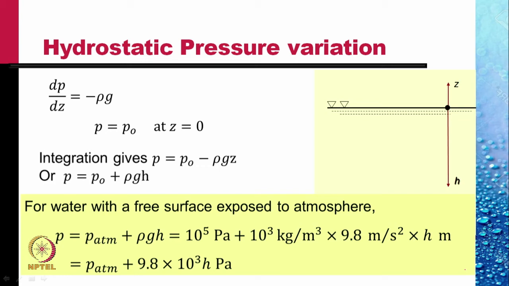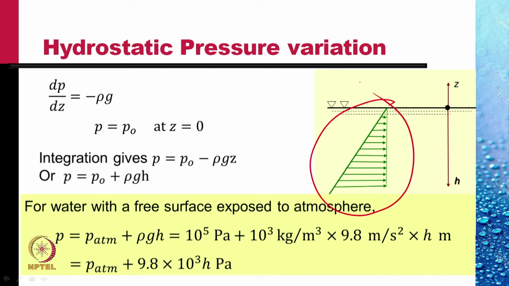Then the equation becomes P is equal to P atmosphere plus 9.8 into 10 raised to the power 3 times h in Pascals. This is the pressure distribution shown here, which is linear with the depth. This all you must be familiar with from high school.